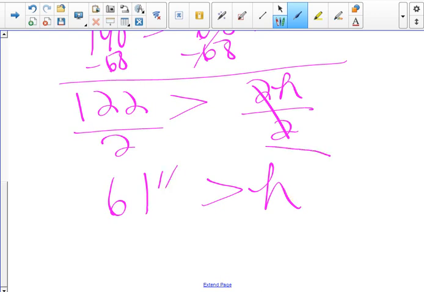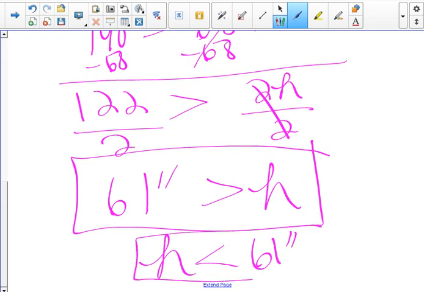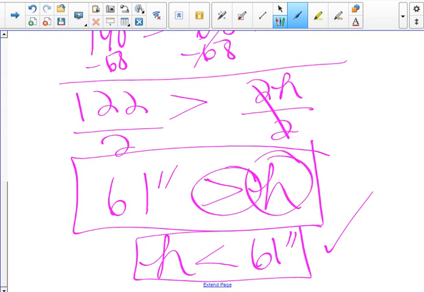So the height must be less than 61 inches. And we could reverse that like that. There you go. That's our answer. So remember, if you reverse the side that your variable's on, you've got to flip the sign with it. If it's pointing at the H, then when you flip it, it still has to be pointing at the H.